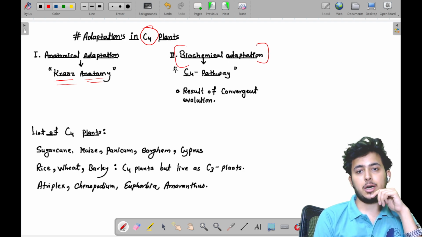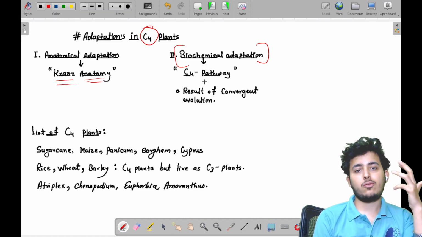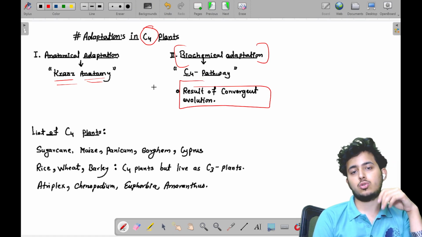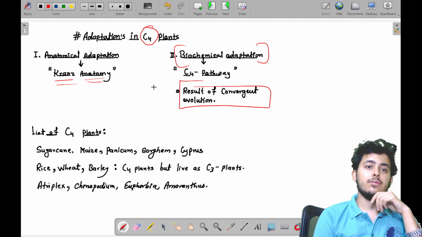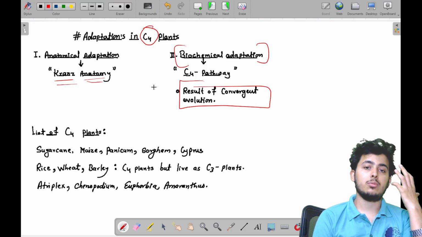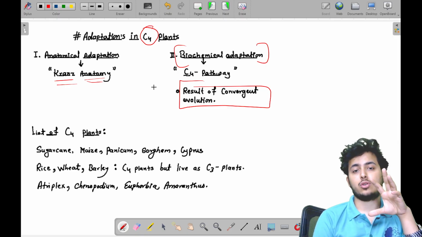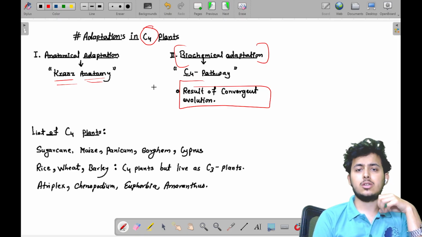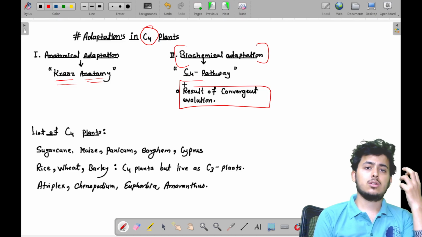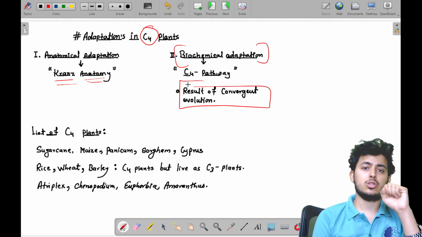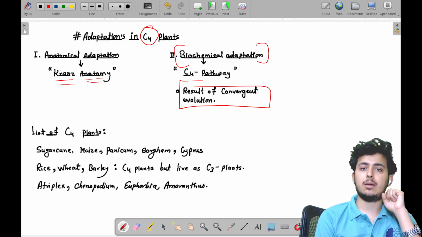The biochemical adaptation is a result of convergent evolution. So what is convergent evolution? When you perform the same function but with different origins or different mechanisms, that is called convergent evolution. So here there is a biochemical adaptation.